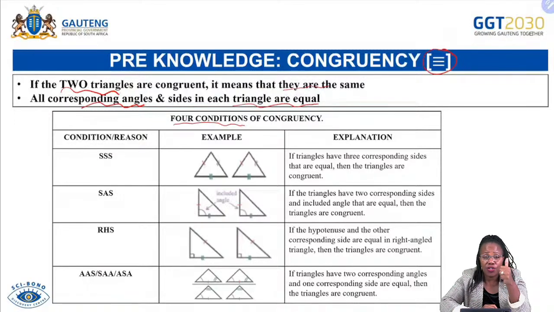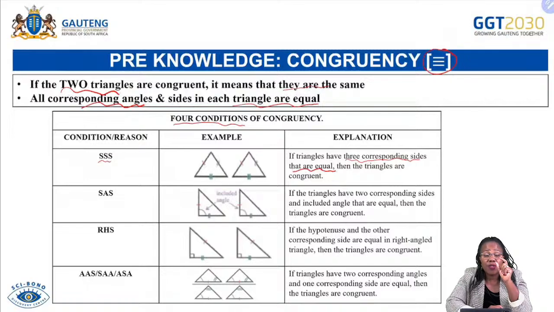The first condition is that if you have two triangles and all three corresponding sides are equal, then the two triangles are congruent.